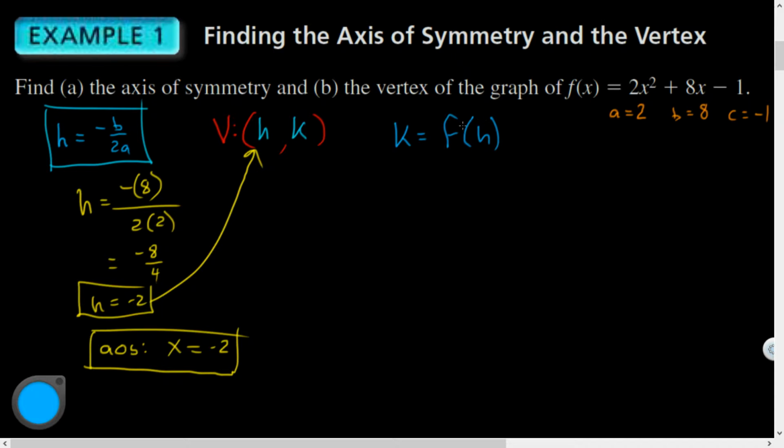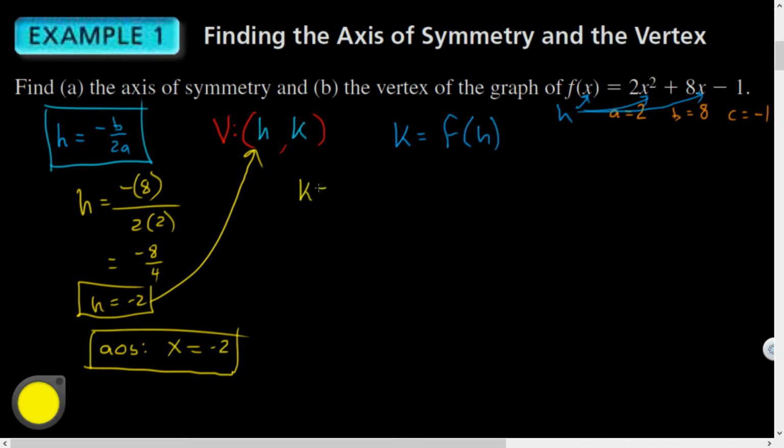All right? Whatever I get when I plug my x-coordinate into the function, right? So I'm going to plug in h is what I do. I also could have referred to this as f of negative b over 2a, but that's a little bit weirder, but that is the case.